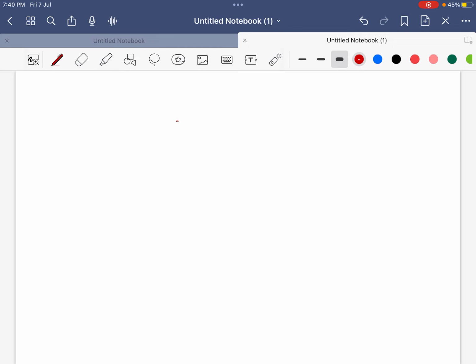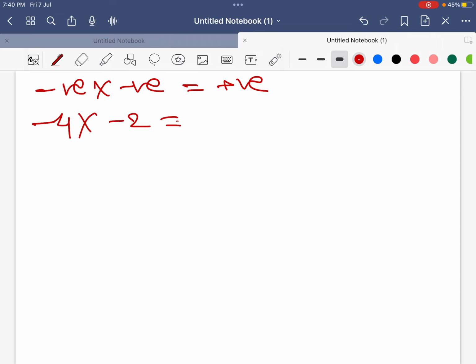Now let's move to the second case. What is the second case? Take an example, if both the numbers are negative, so we know that negative multiplied by negative, your answer is positive. Take example, -4 multiplied by -2 is equal to, we know that minus into minus is plus, 4 twos are 8, so your answer is +8.